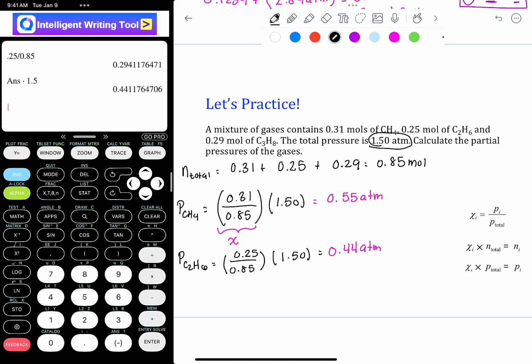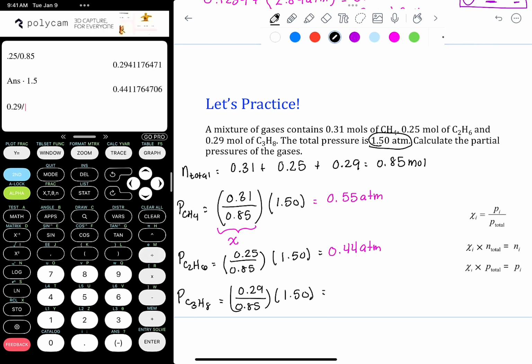And finally, we have the partial pressure of C3H8, and that's going to be equal to 0.29 divided by 0.85, which will be multiplied by the total pressure. 0.29 divided by 0.85 multiplied by 1.5, and we get a partial pressure of 0.51 ATM.